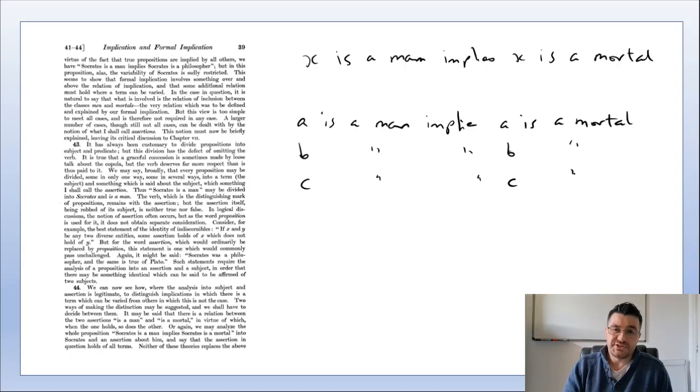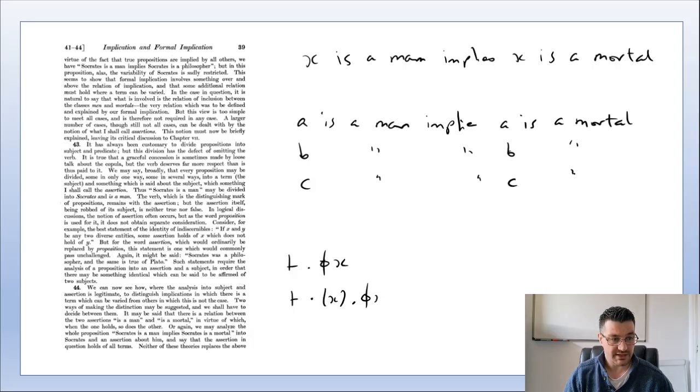when it comes to Principia Mathematica, there is a distinction between asserting a propositional function, so saying something like phi x, for instance, and asserting for all x phi x.